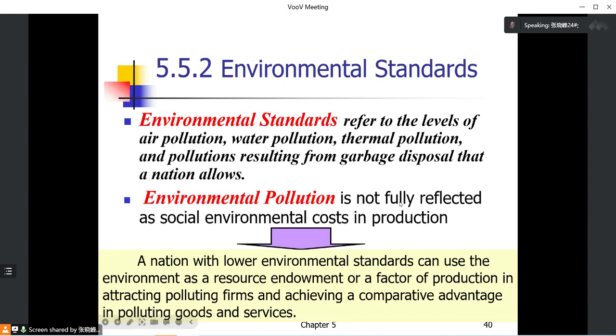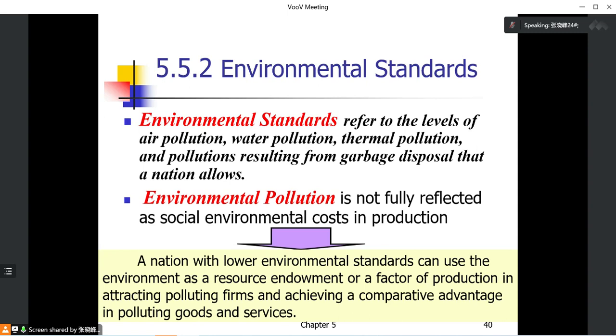Environmental standards, on the one hand, are becoming a criterion of international trade, which should be observed by the member countries, I think especially for those countries who have already participated in some kind of regional economic organizations or other international organizations.